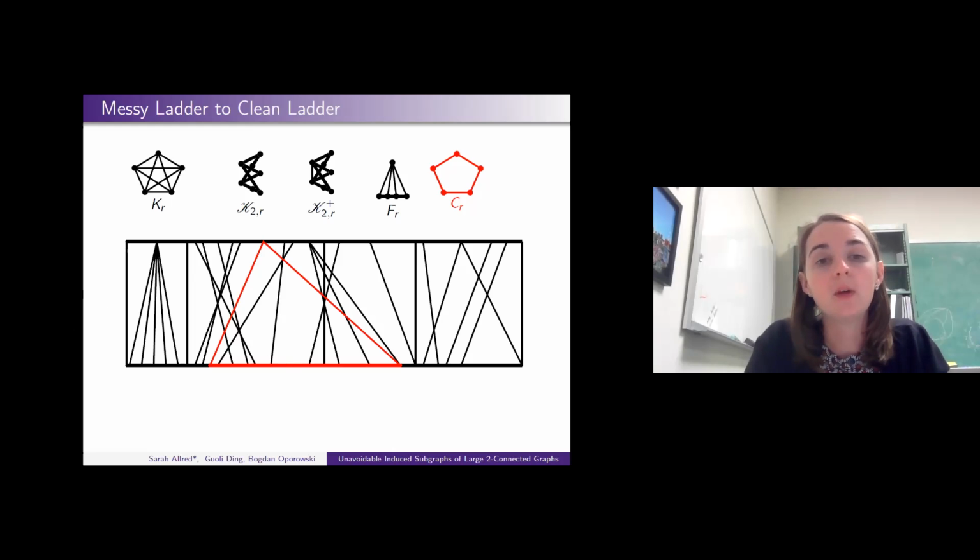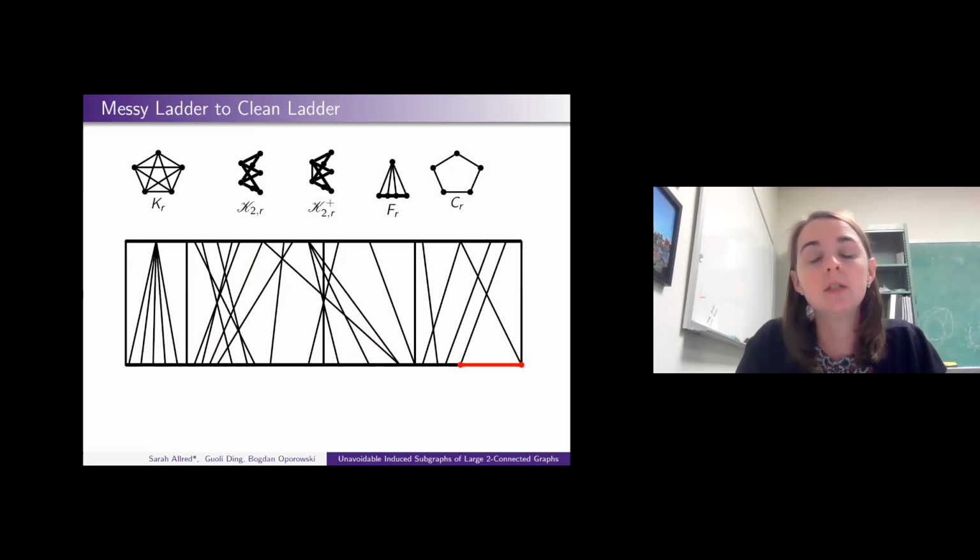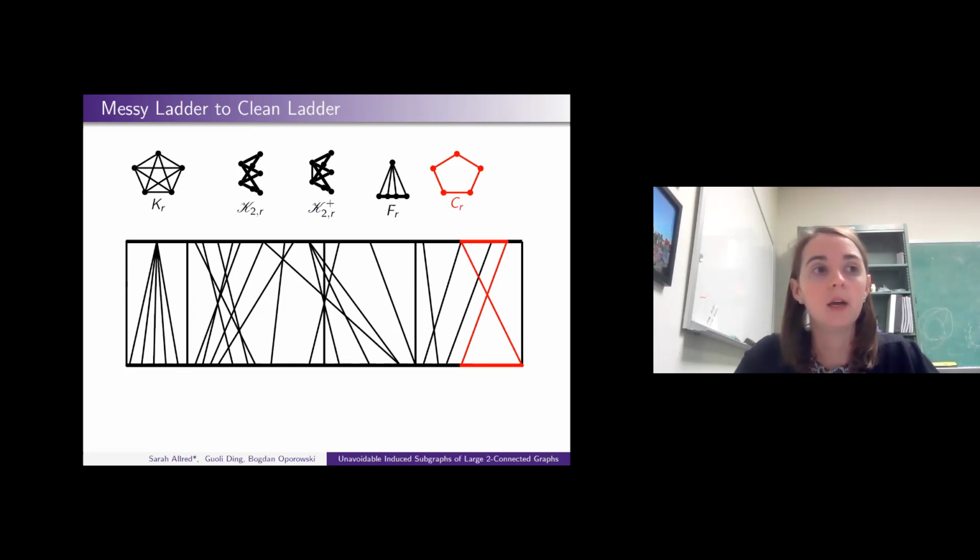There's another way that we can get a cycle. All right, if we look at 2 consecutive rungs, so here on this red segment, there are no other rungs. If this red segment has close enough to our target order, then what we're going to get is an induced cycle here.